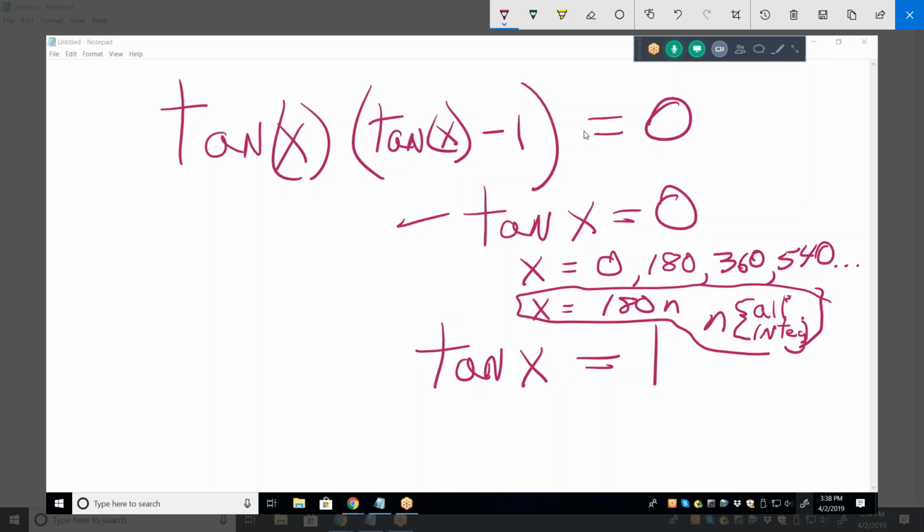Yes, sir. Okay, so let's solve the second part. Where is tangent equal to 1? In quadrants 1 and 3, 45 and 225. And again, I think we only need one thing here. What would it be? 45 degrees plus 180n.